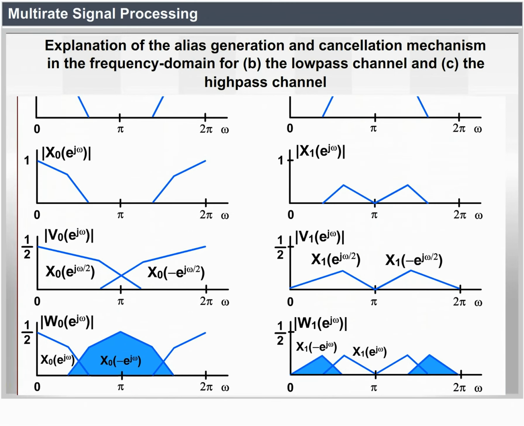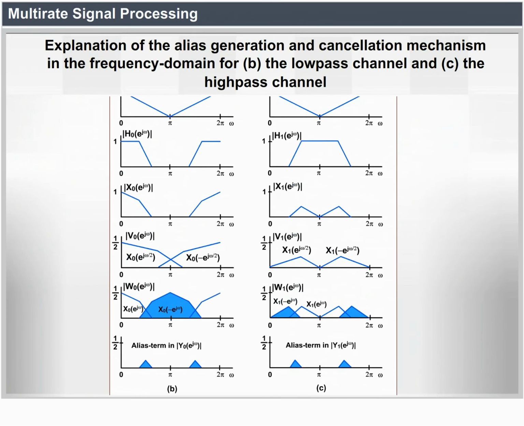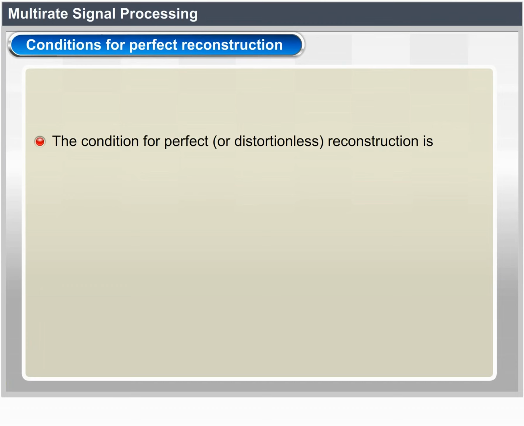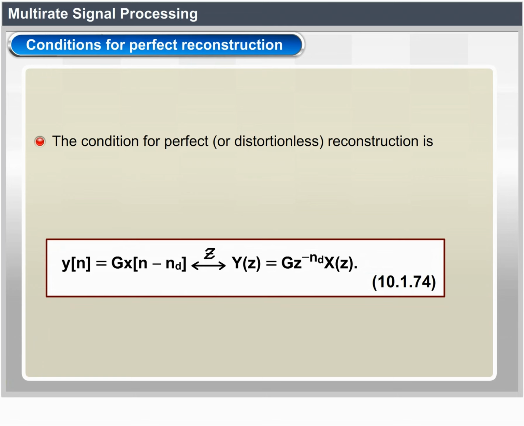Conditions for perfect reconstruction. The condition for perfect or distortionless reconstruction is y(n) = G x(n − nd), Y(z) = G z^(−nd) X(z), called equation 10.1.74.